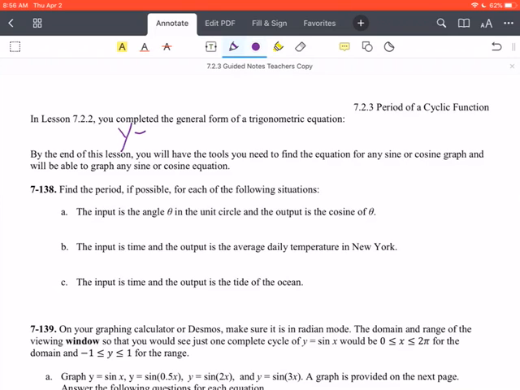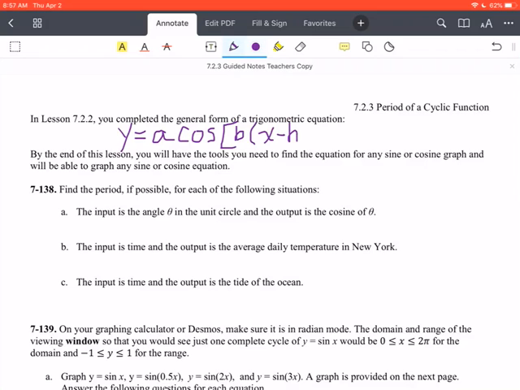We have y equals a, which stands for amplitude, times the cosine of, and we wrote two forms yesterday. I'm going to write the one that we're going to focus on for the next few lessons. Bracket, and we have b, then times x minus h.